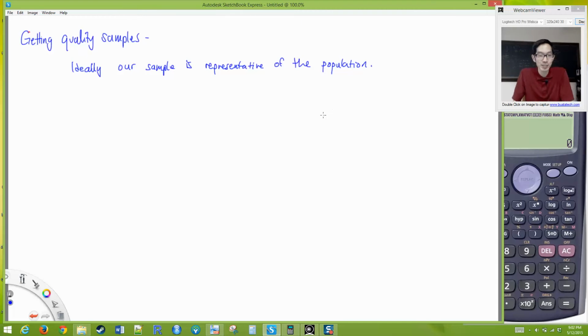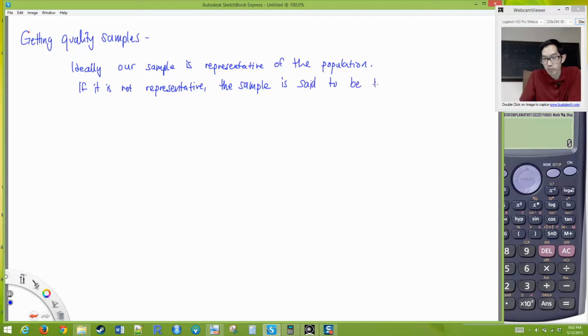So ideally, our sample is representative of the population. Okay, if it is not representative, the sample is said to be biased. Now, in everyday language, biased generally carries this negative connotation of being kind of prejudiced or bigoted, or not being fair or just, okay?